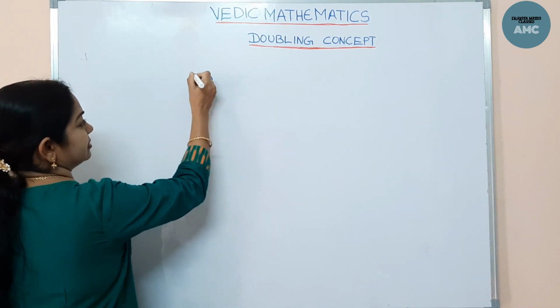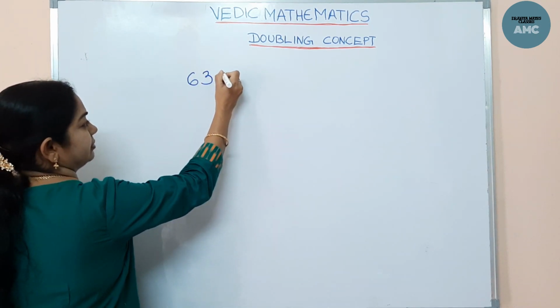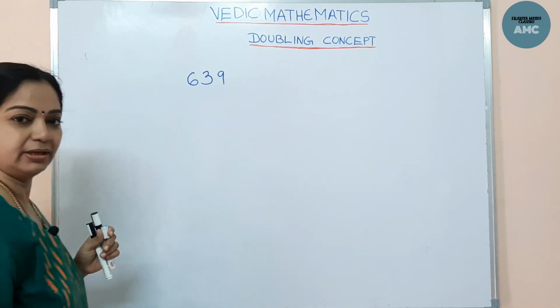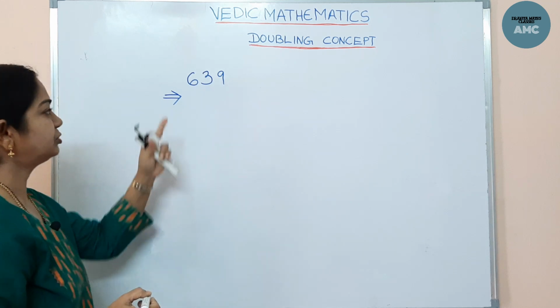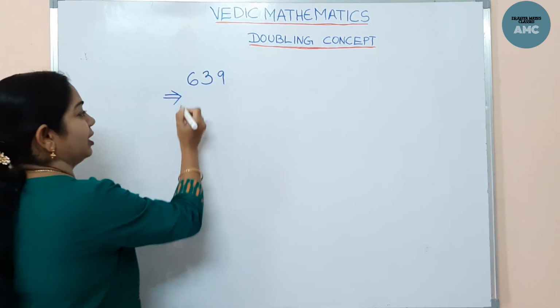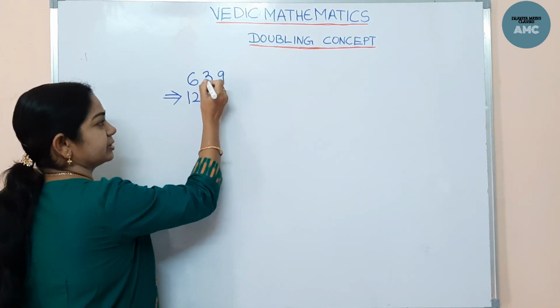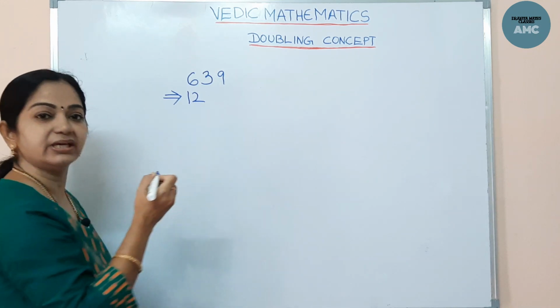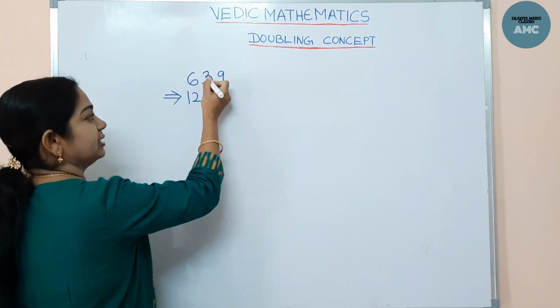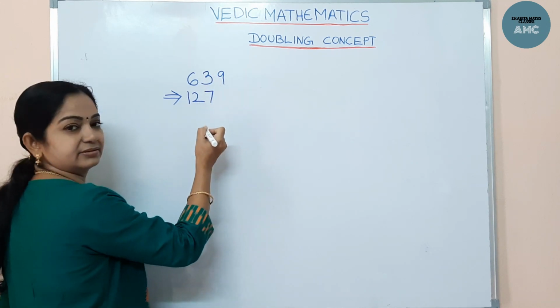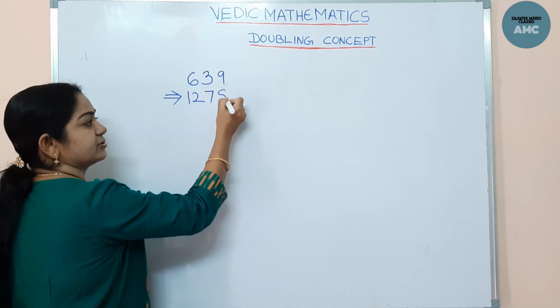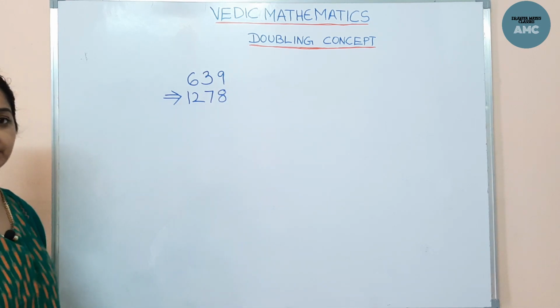Let me take 639, suppose. Now I want the double of this number. 2 6s are 12, so I'll write 12 because the next number is group 1, so I don't need to increase it. Now 2 3s are 6, but here it is group 2, so 7. Now 2 9s are 18, so 8. Simply write it like this.